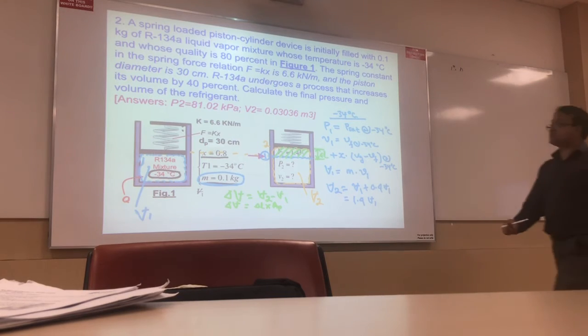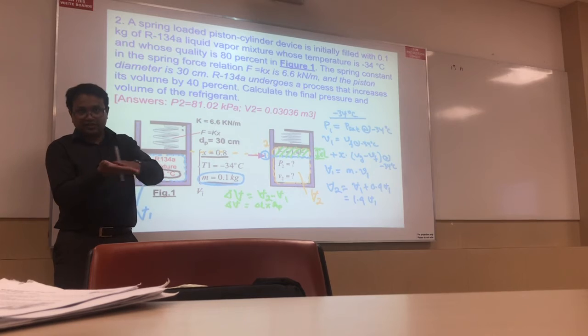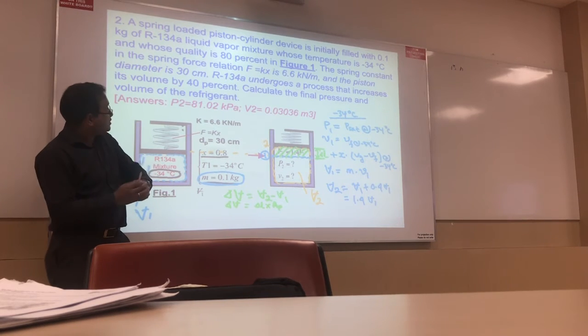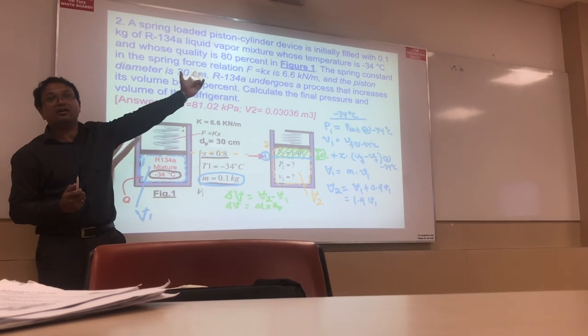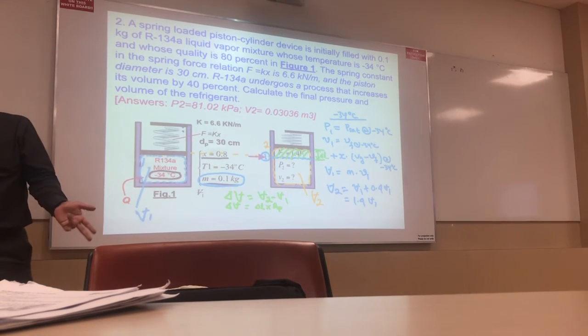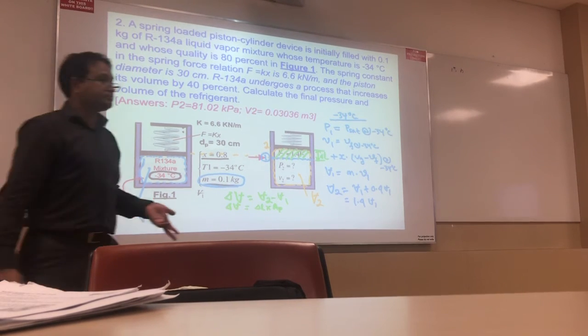Okay? The area of the piston is the face area. This is the piston, this area, face area. This area is given here, because I know the diameter. So pi by 4 d squared is the area of the piston. Okay?